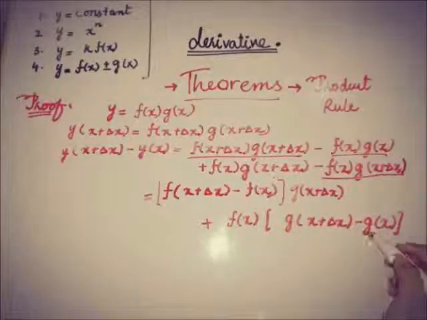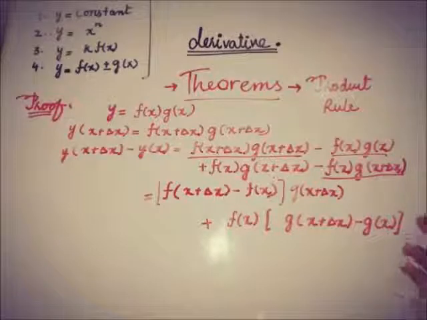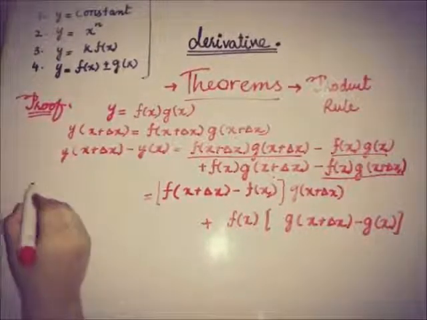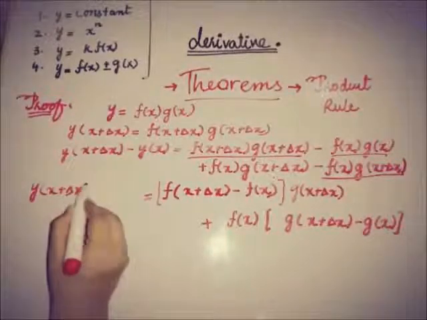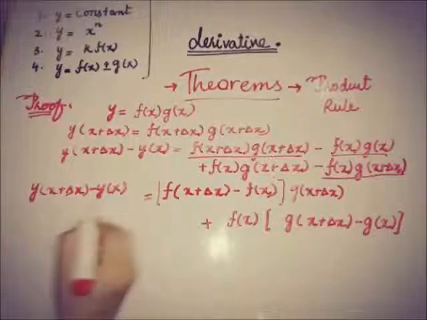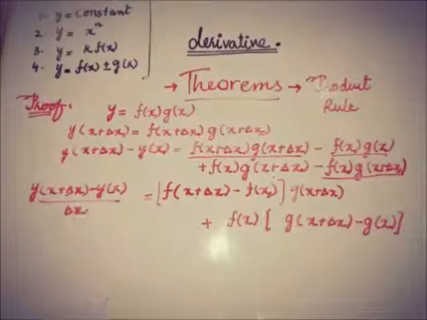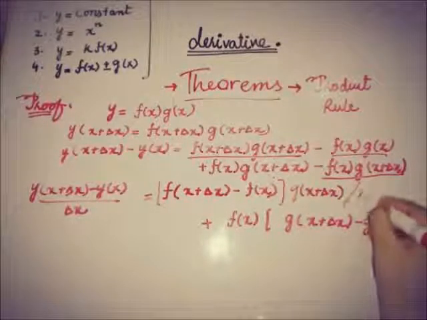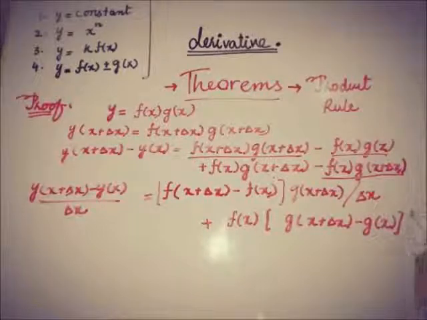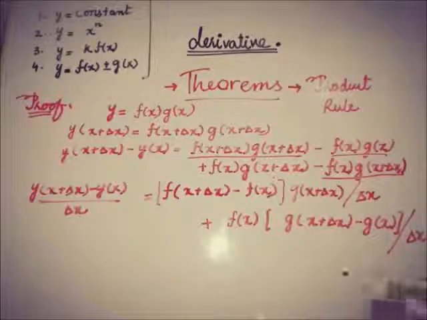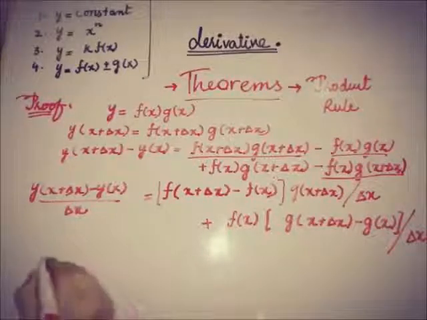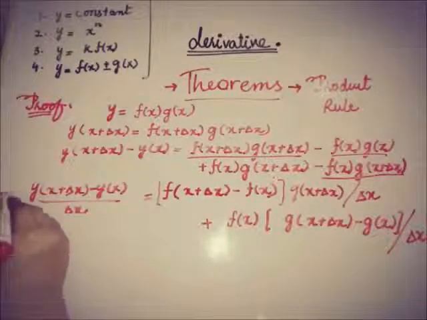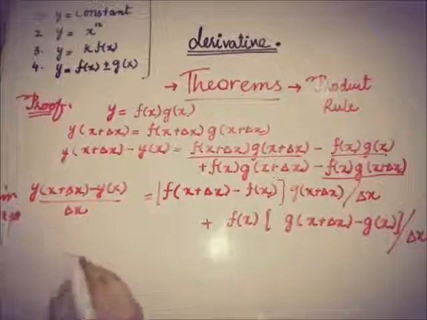Now the next step is to divide the terms with the change, and this whole with the change delta x. Now we have to apply the limit on both sides, limit delta x approaches 0.